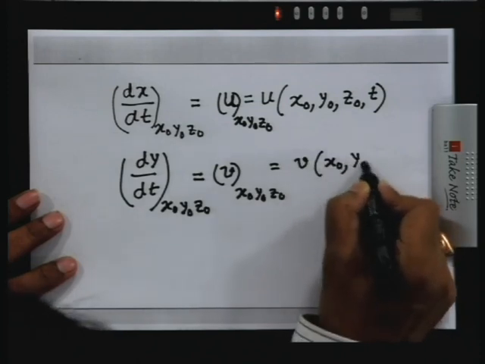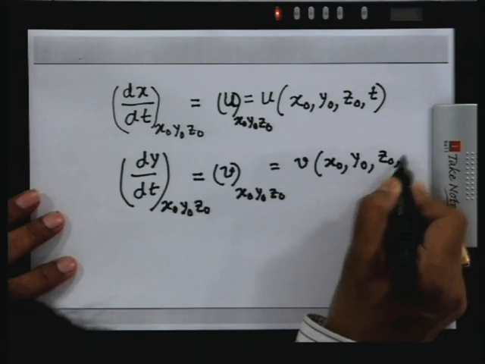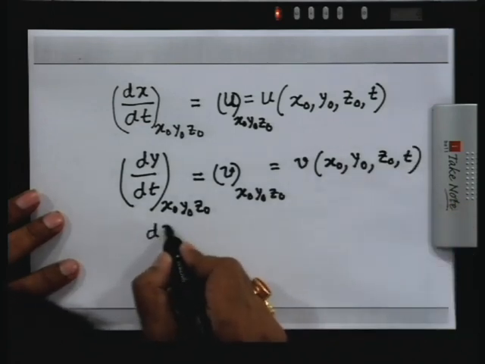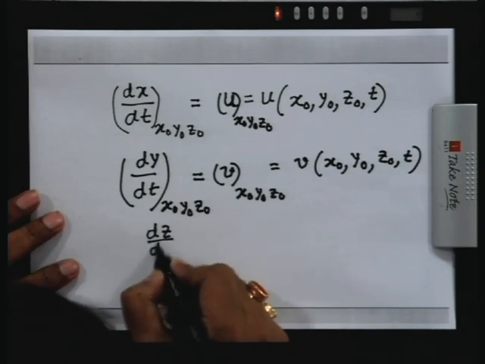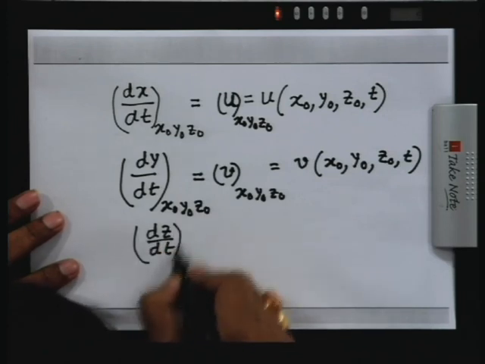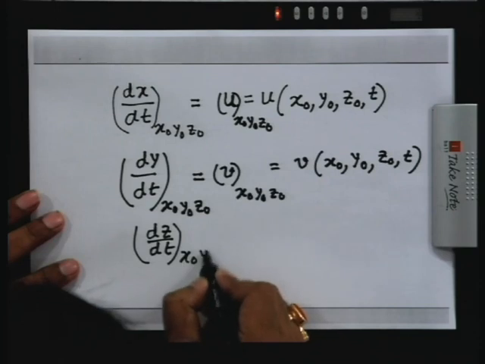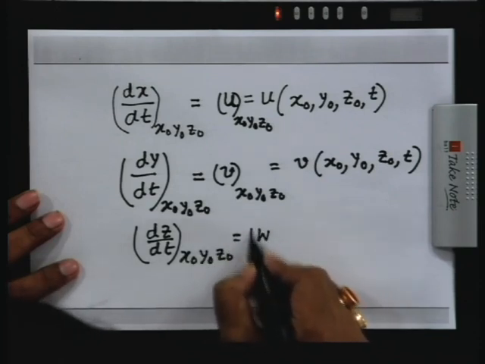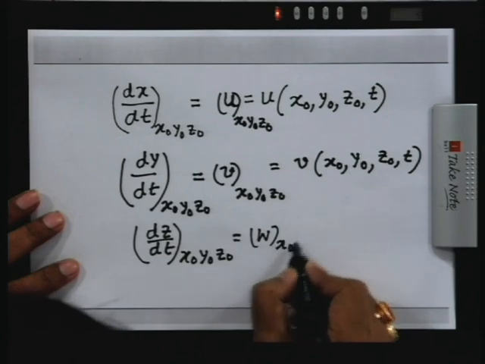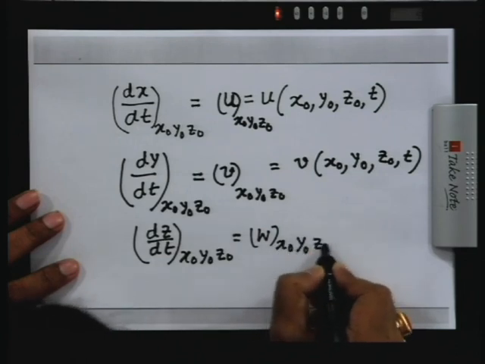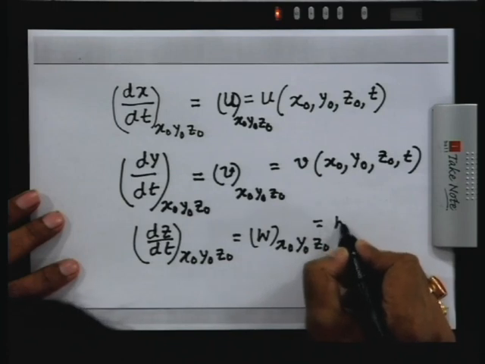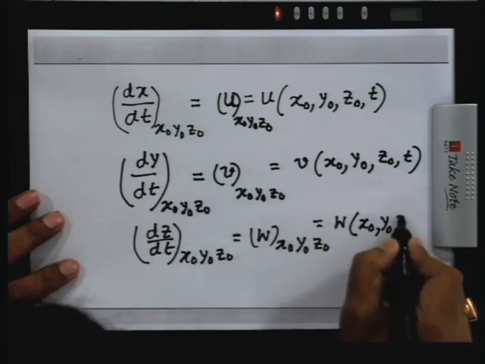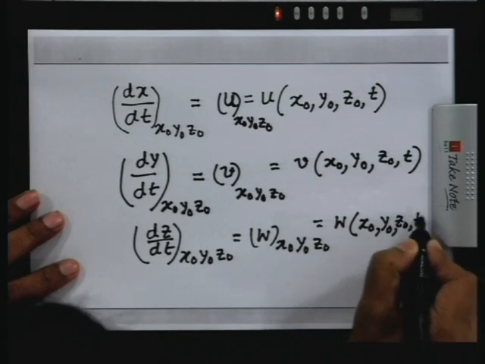This means we can find out the velocity components also for dz/dt. This is extremely simple. Again, for the particle x0, y0, z0, it will be expressed in terms of the coordinates x0, y0, z0 and the time t.